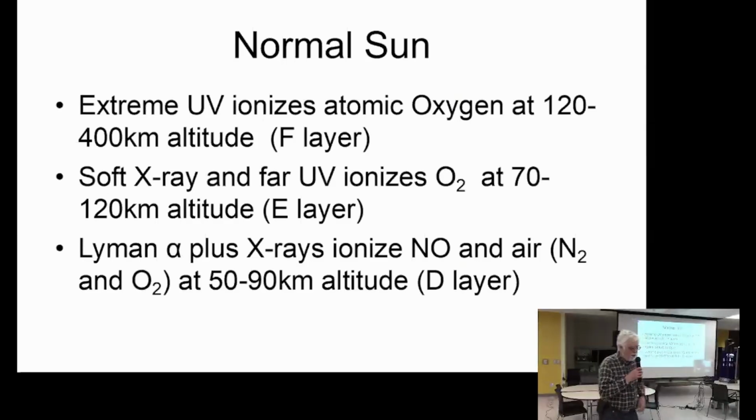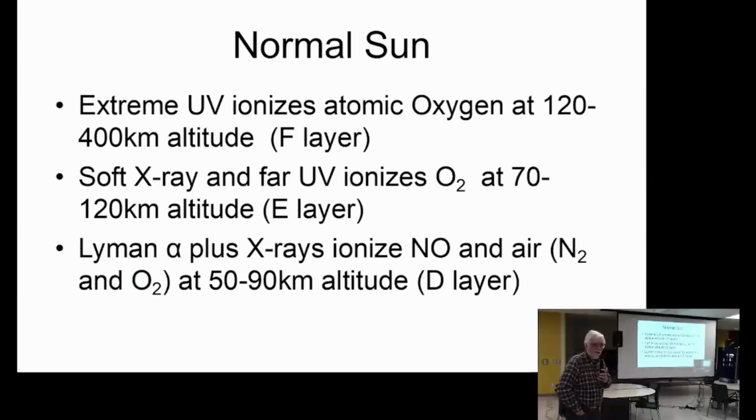So in the normal sun, the ionosphere is affected by the radiation coming from the sun. And the extreme ultraviolet gets to the upper layers of our atmosphere. It interacts with the upper layers of our atmosphere and causes free electrons to be knocked off of atomic hydrogen.